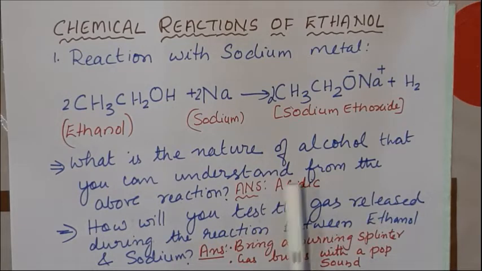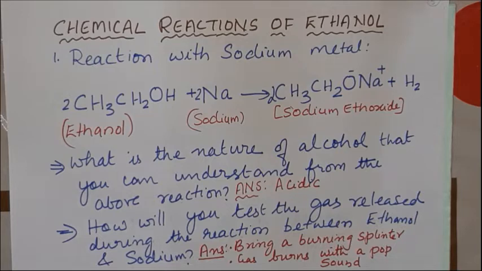Hence, what is the nature of ethanol? Acidic in nature. How will you show that ethanol is acidic in nature? Take a little bit of ethanol in a test tube, add a small piece of sodium to it. What you will observe is evolution of hydrogen bubbles. How will you test the gas released during the reaction between ethanol and sodium? How do you know whether the gas released is carbon dioxide or hydrogen?